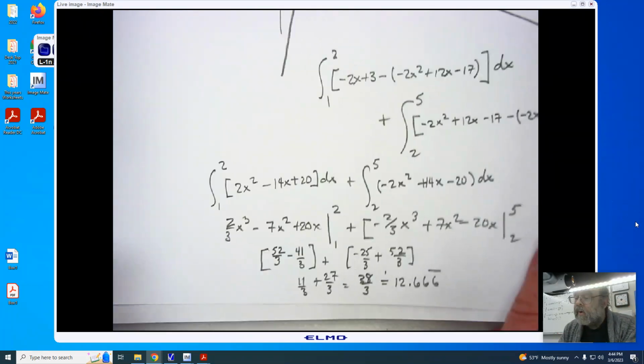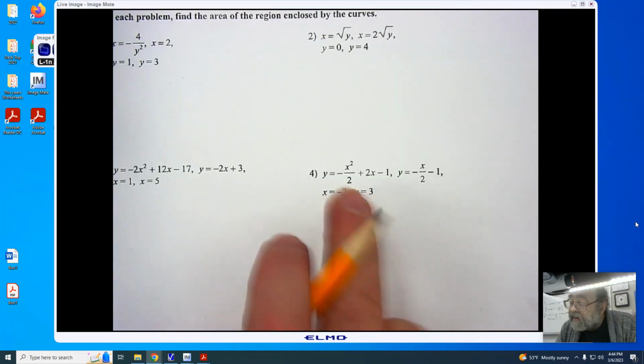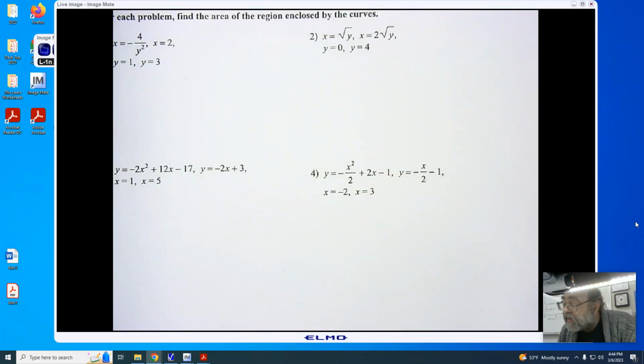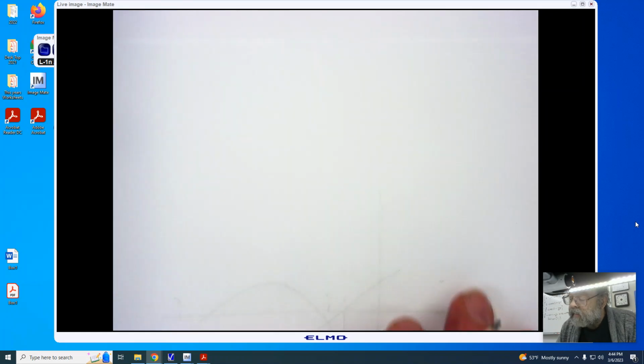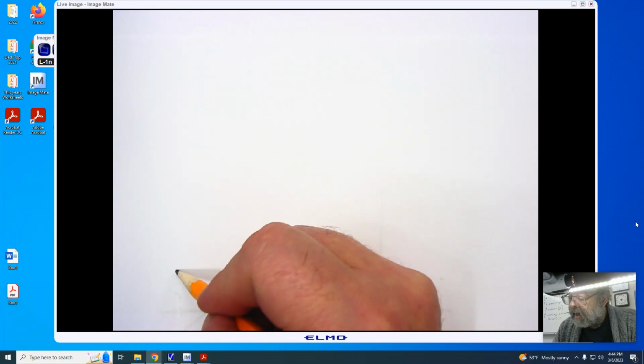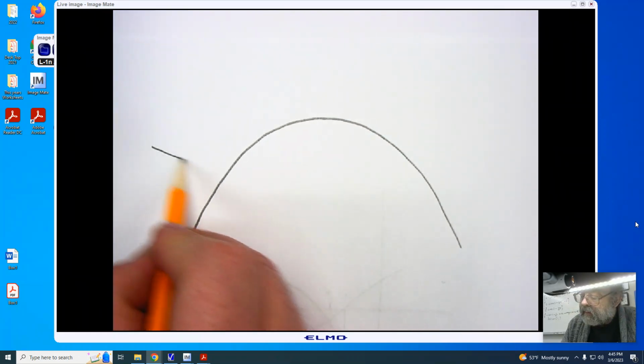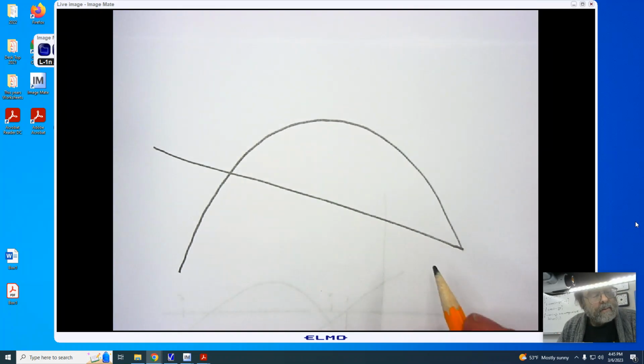This brings me to number 4. Let's just remind ourselves of number 4. We have once again a quadratic that's upside down and a linear equation with a negative slope. Once again, we are looking at something that does this to that.